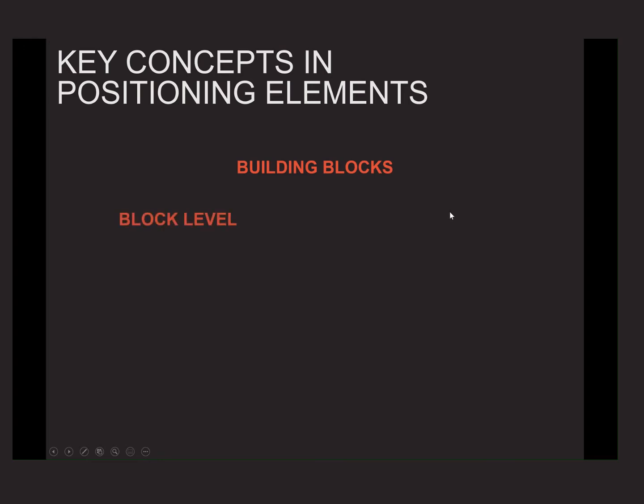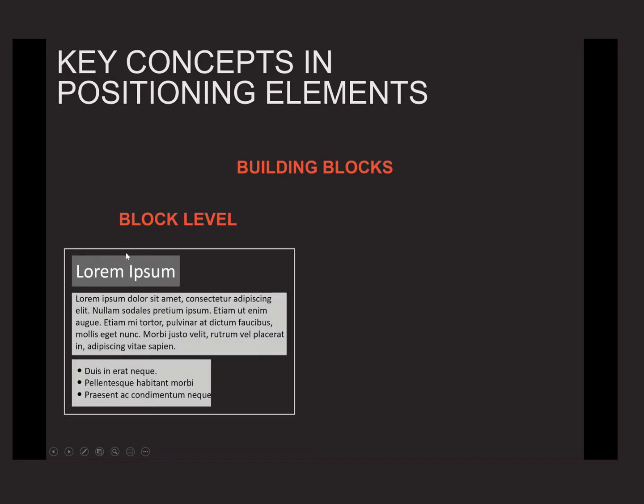Block level elements, every time we start a new line, and they will do it from top to bottom. That means along the vertical way, they arrange the elements, one after another. So they will do like this. Okay?